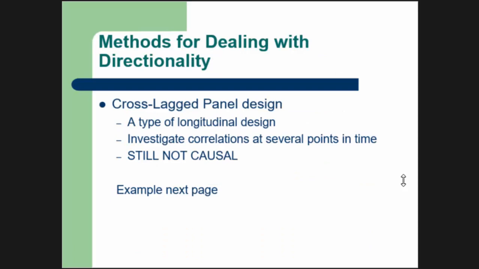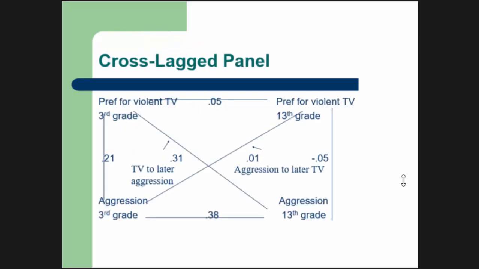So the only way for you to do that is to do a cross-lagged panel design. It is like a cohort study, where you study over several points in time. You measure them in standard 3, then you measure them again in form 5.